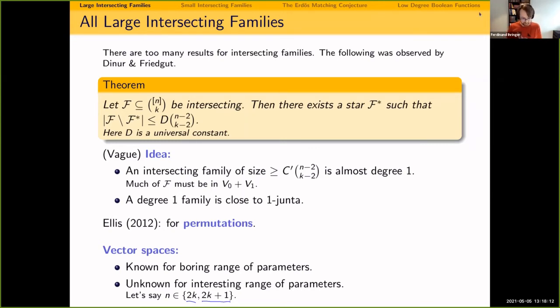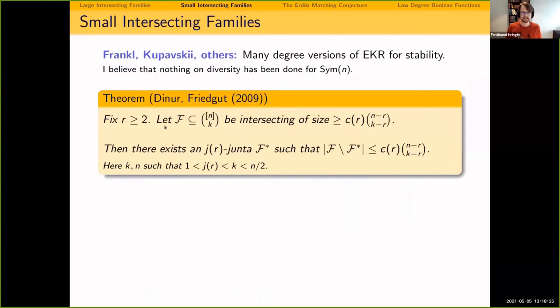Okay, now we can continue this. Now we know that if we remove a star, then we always get something relatively small, but you can continue doing this game. And there are many ways of investigating smaller and smaller intersecting families.